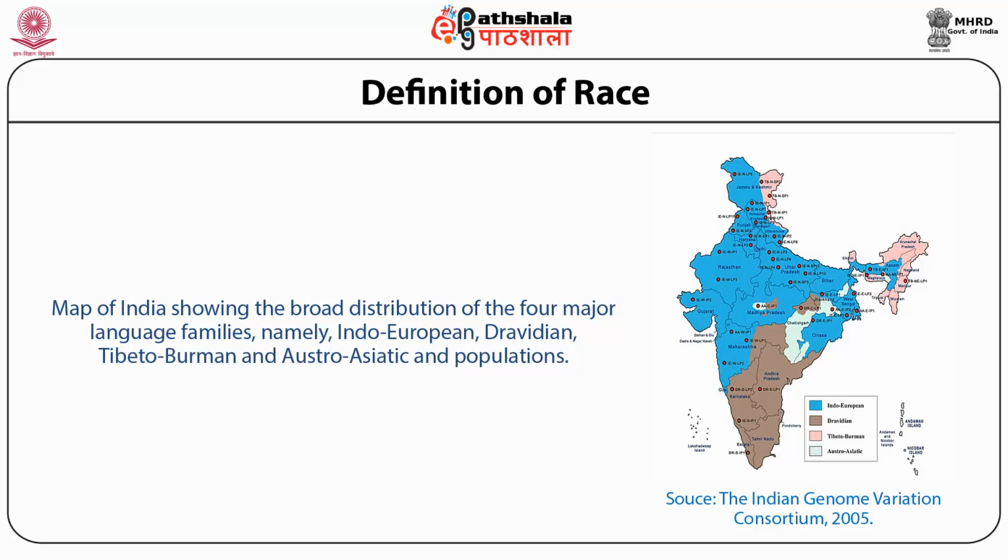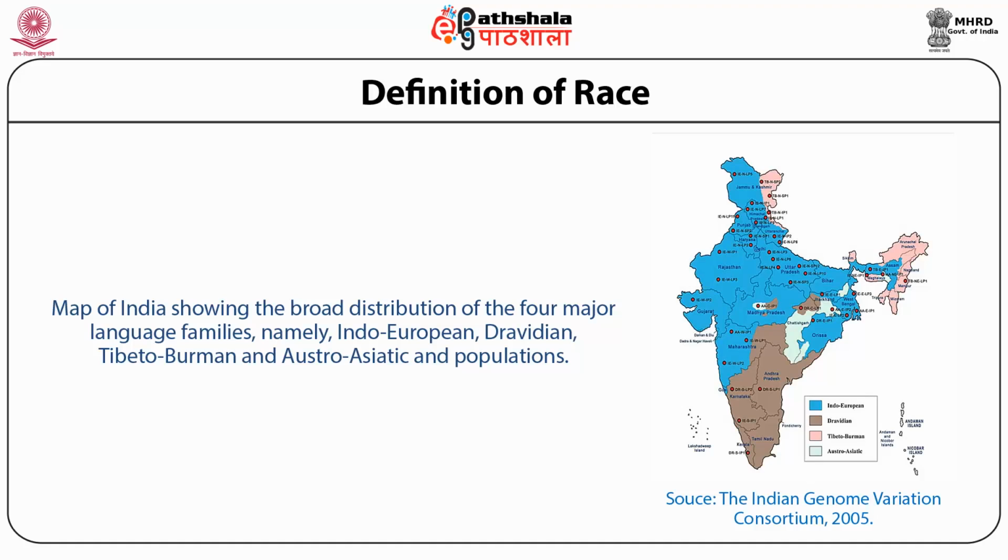The Austro-Asiatic speakers are exclusively tribals and are dispersed mostly in the central and eastern parts of India. Molecular diversity studies have revealed that Austro-Asiatic speakers are likely to have been the most ancient inhabitants of India.